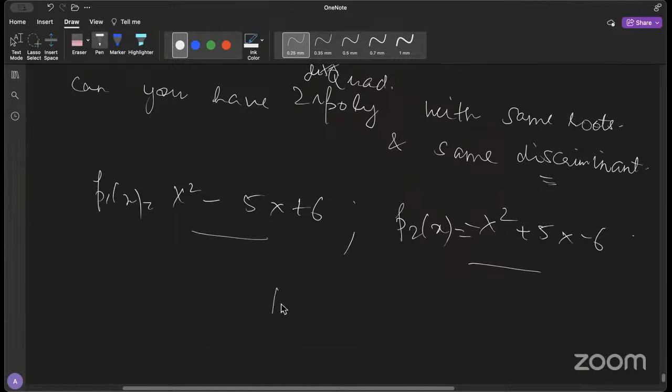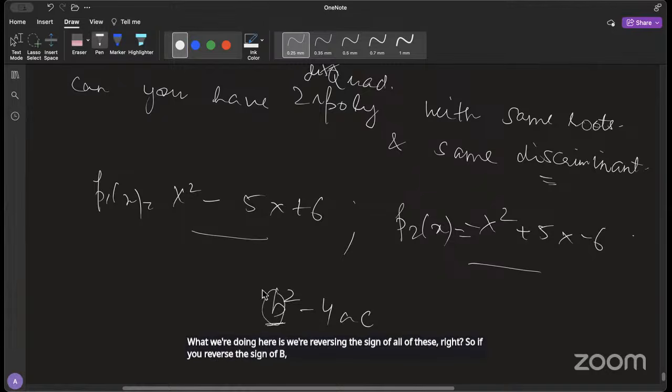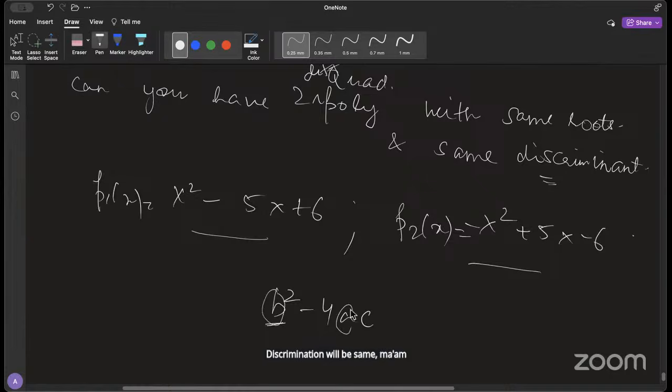And about the discriminant, you're going to have b square minus 4ac. What we're doing here is reversing the sign of all of these. So if you reverse the sign, b square is going to remain same. If you reverse the signs of a and c, let's say initially both were positive, now if you take both to be negative, the sign does not change. So this entire thing remains same.